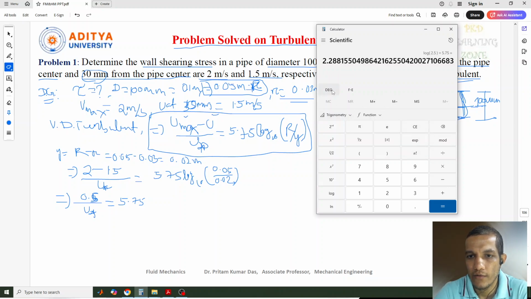Last time we got near about 114. I was confused about how we got such a lengthy value, so while calculating we need to be careful.